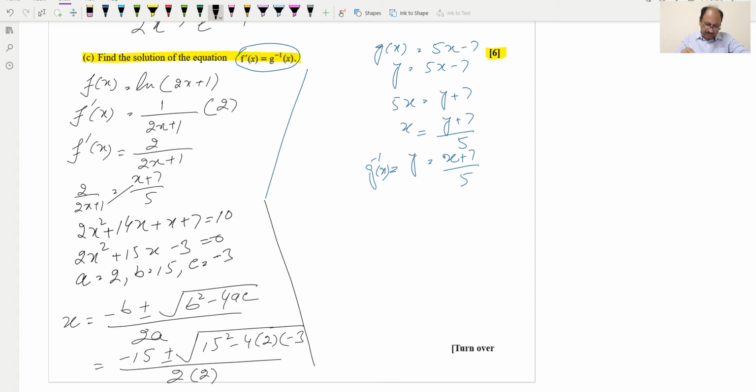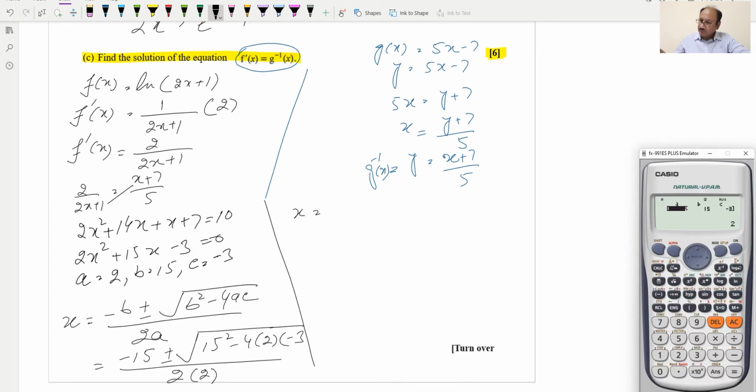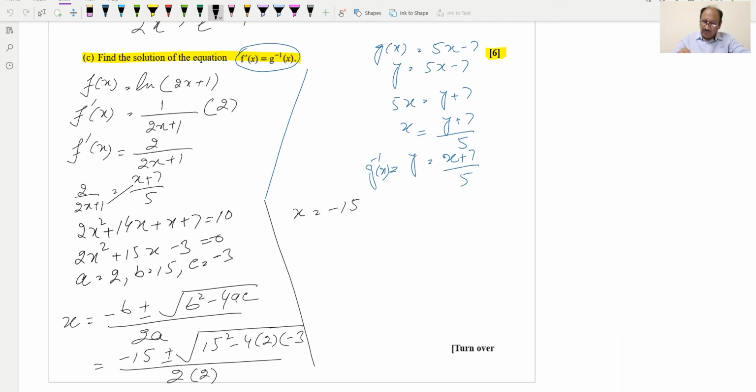Now x will be equal to, we can simplify the fraction: minus 15 plus minus the square root of 15 squared minus 4 into 2 into minus 3, divided by 4, and this is equal to minus 15 plus minus root 249 divided by 4.